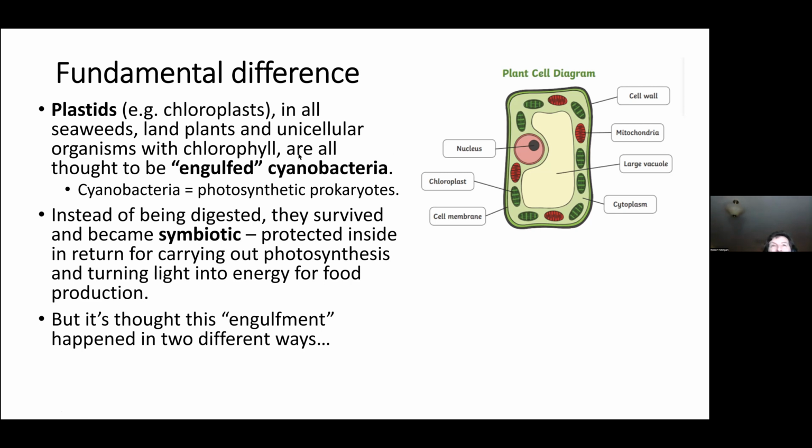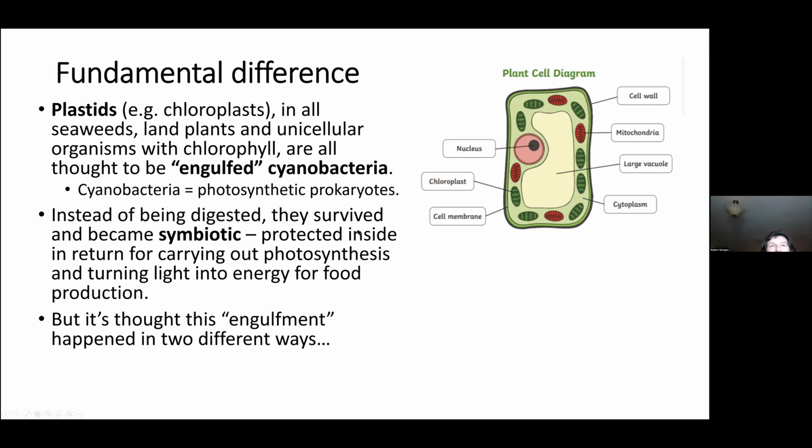But instead of digesting it, it incorporated it into its body and began to use it for photosynthesis, and gave it a home instead of just eating it straight away, and used its ability to capture sunlight and make food from that for its own purposes.